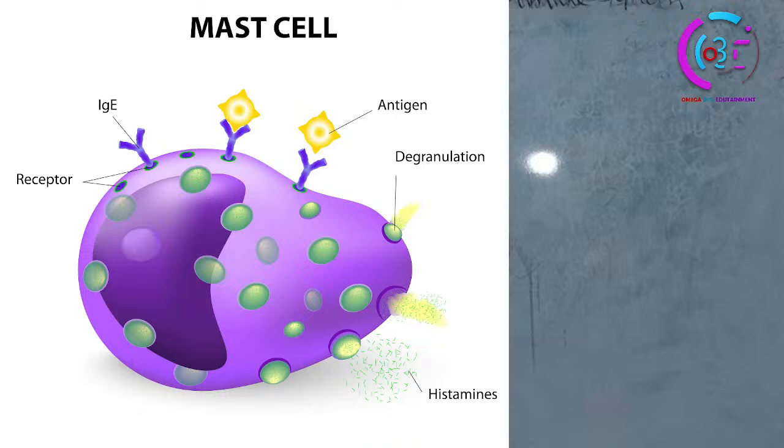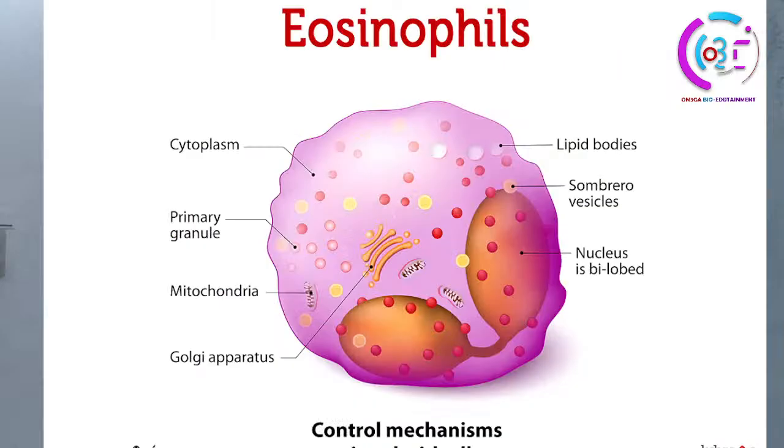So the third one is eosinophils. Looking at the structure of eosinophils, whenever you collect a blood sample, you see serum, white blood cells, and so on.